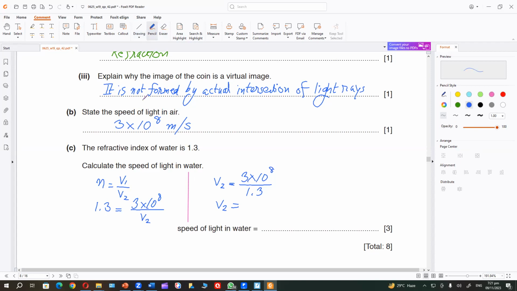Now copy down this formula. And please try to be quick. It's only a single step calculation.